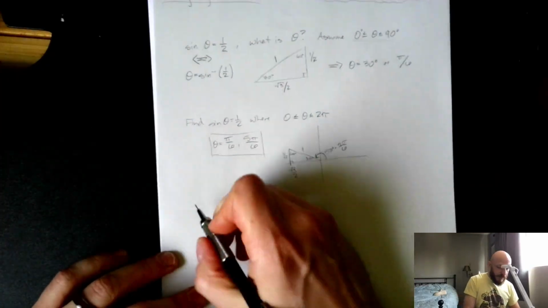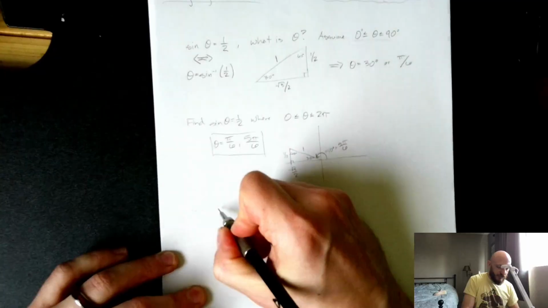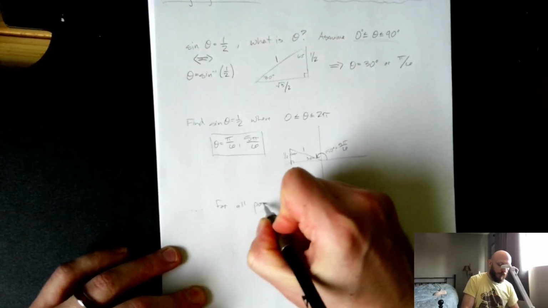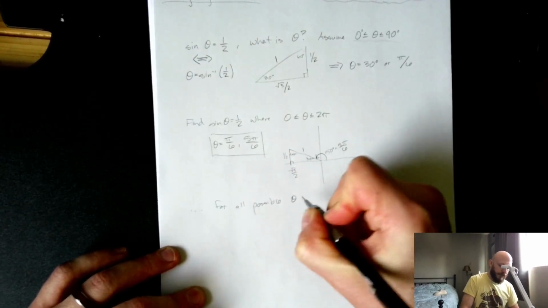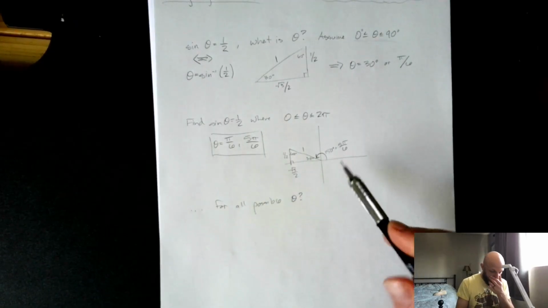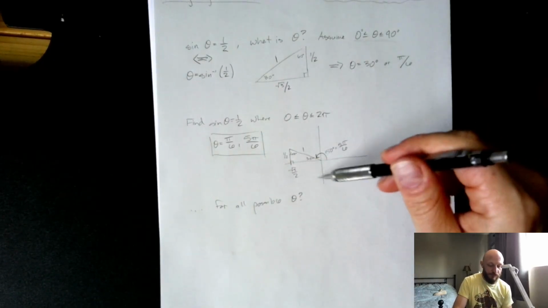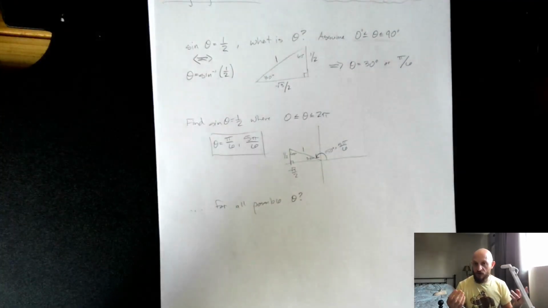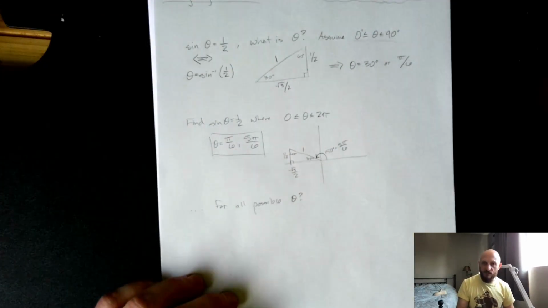And if we ask the exact same question, but for all possible theta, now there are actually infinite answers, because every single time that theta wraps around and hits either of these 30 or 150 degree coterminal angles, sine of theta is 1/2.